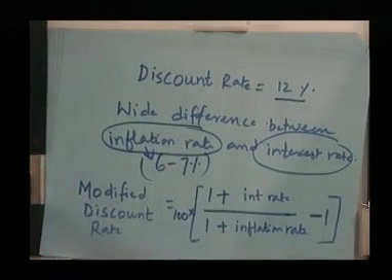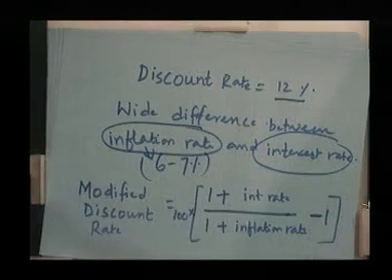So, the formula to calculate the modified discount rate in cases where there is a large difference between the two rates, that is inflation rate and interest rate, is given as 1 plus interest rate divided by 1 plus inflation rate, minus 1, into 100.